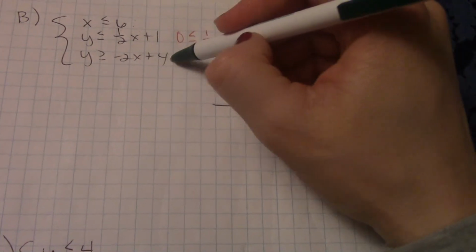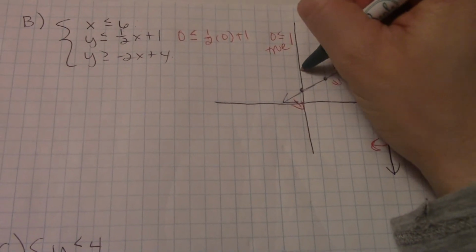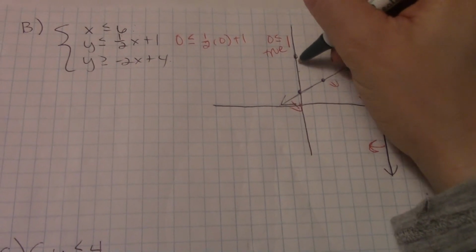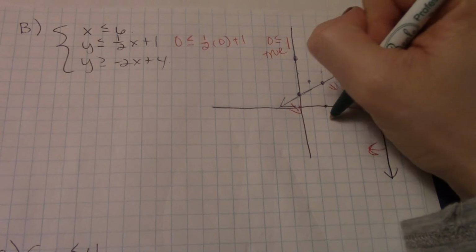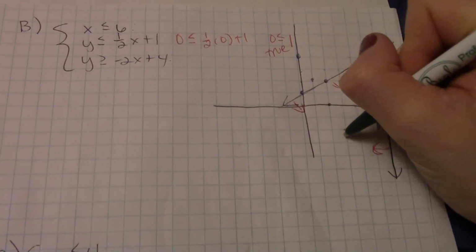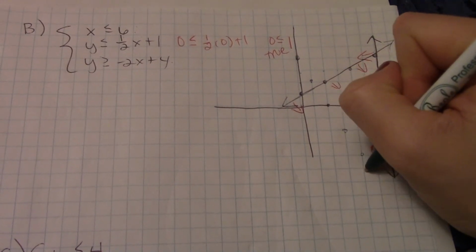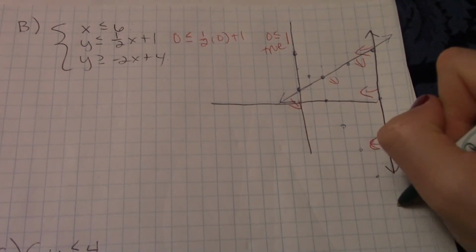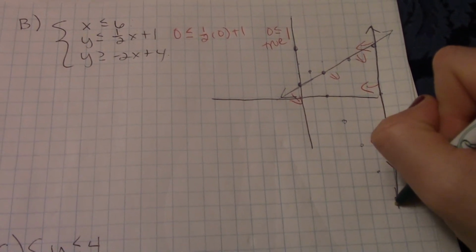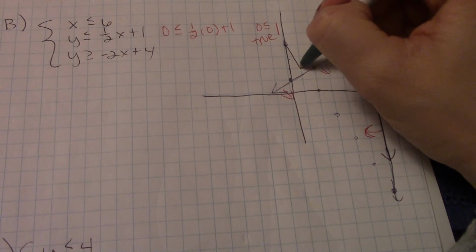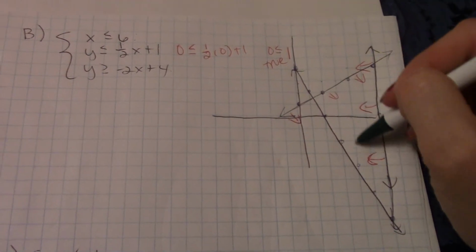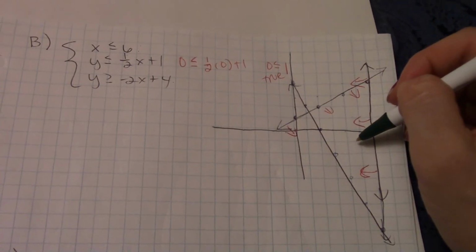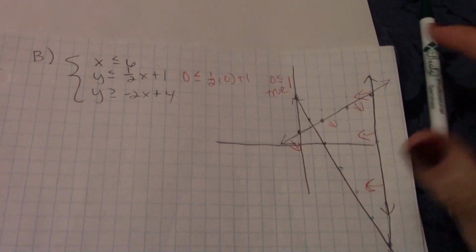So our last one, plus 4, down 2, right 1, down 2, right 1, down 2, right 1, down 2, right 1. So this line should have actually come all the way down here. And there's this line. So you can kind of see your triangle here. This is y is greater than that.